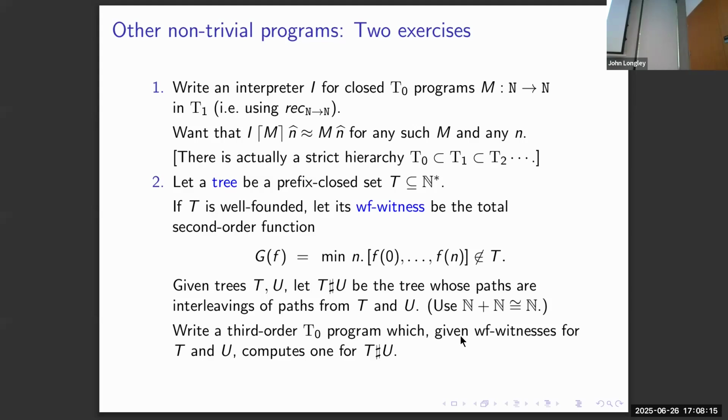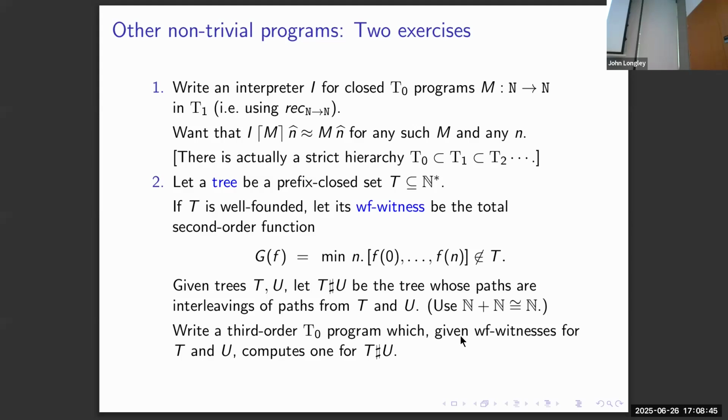Namely, take an f, which is trying to be a path through the tree, and it tells you the point at which that path exits the tree. So it's the least n such that the sequence f0 to fn falls outside the tree. What it is to be well-founded is precisely that for every f there exists some such n. So you could say a second order function embodies the well-foundedness of a tree if it has this property.